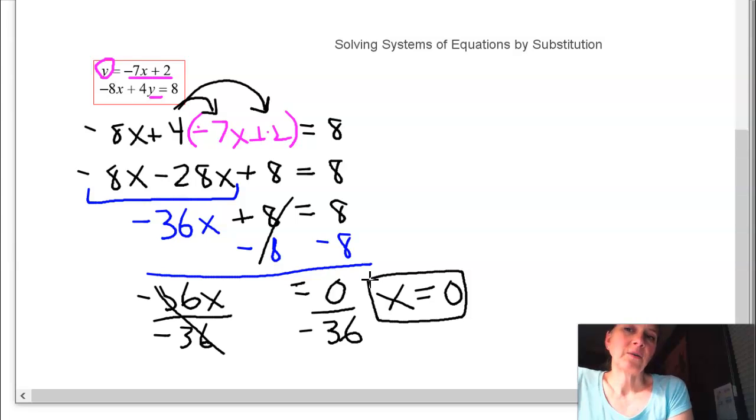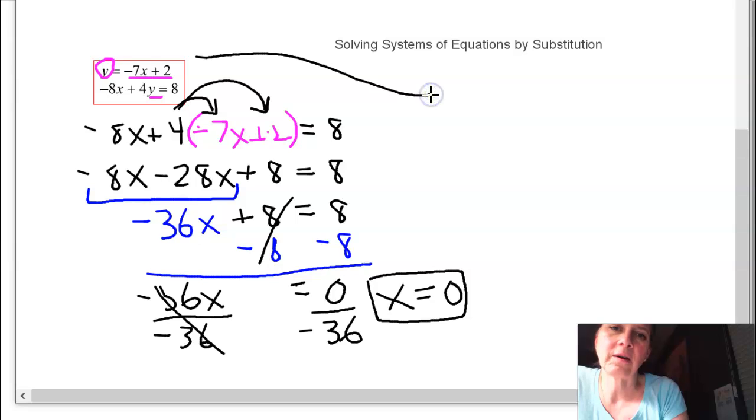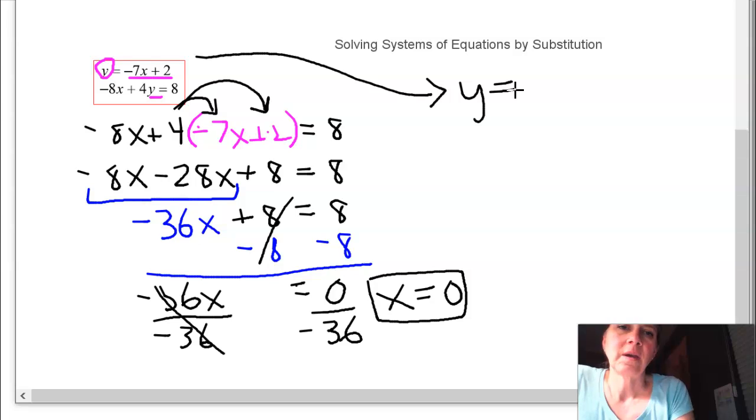Now the next thing I need to do is figure out what my y is. And the cool thing is that this is actually really easy, because if we go back, we have 2 equations, and we really only need to choose one of them. It doesn't even matter which one we use. Because it's going to be easier, I'm going to use this top equation. First thing I'm going to do is just write that equation down: y equals negative 7x plus 2.